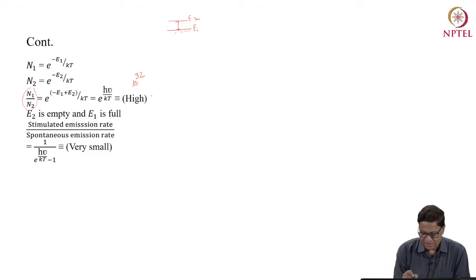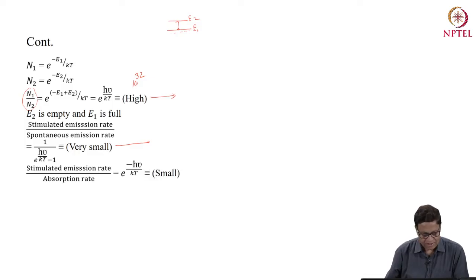So this is another interesting fact. This is one fact. The other fact is this. Now if I find out a ratio of stimulated emission rate with respect to absorption rate, this gives me e raised to power minus h nu by kT.